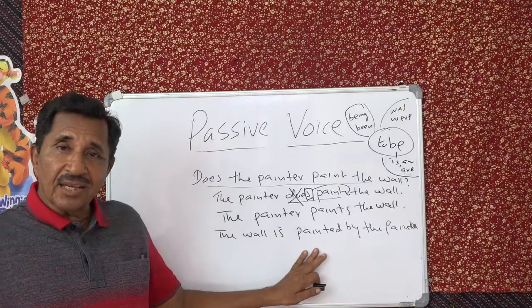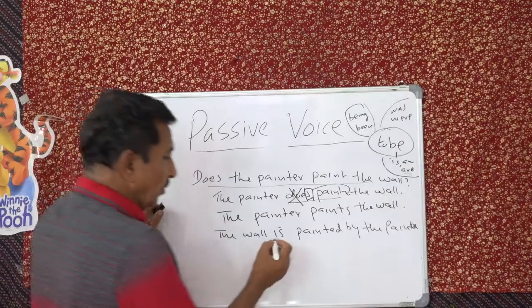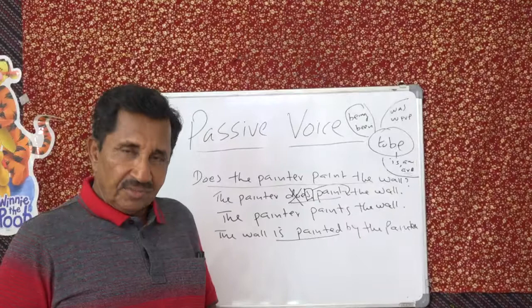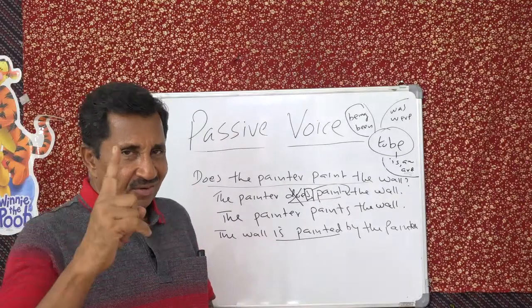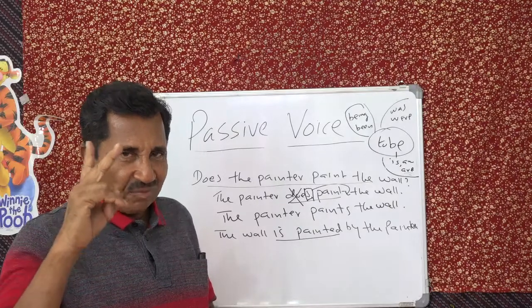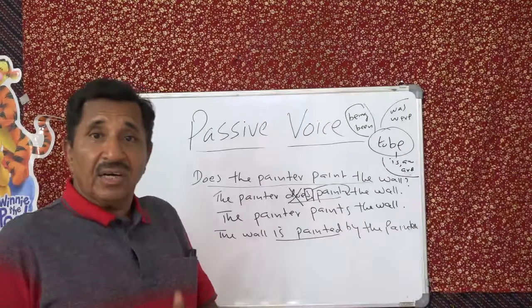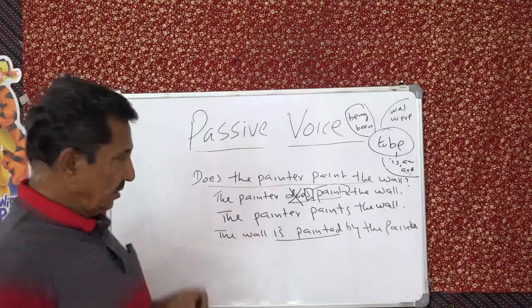How will you change it into a yes or no question? Very simple. Here are two members in the tense. Right? What did I say? Remember? When there are more than one word in a verb phrase, the first word in the verb phrase should be shifted for making a question. So shift it.